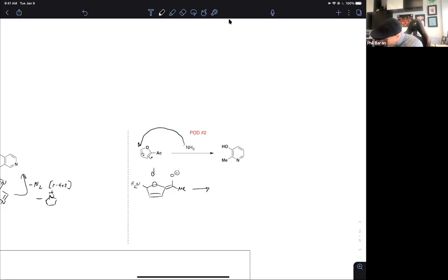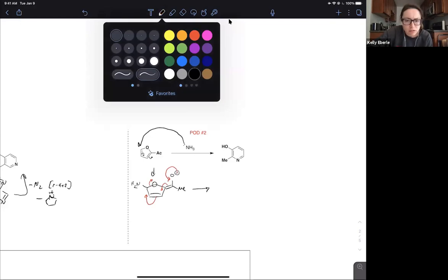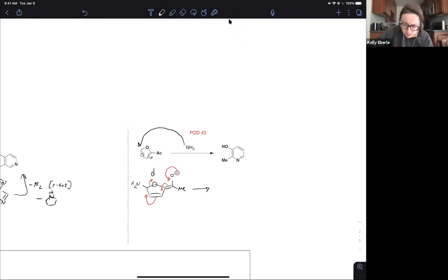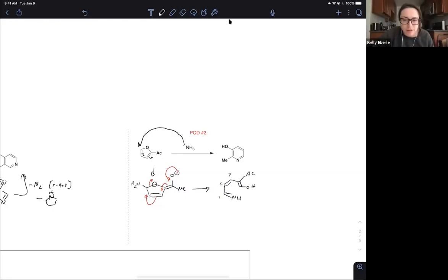And then you can ring open by breaking the bond between the oxygen and then the carbon attached to nitrogen. And after a tautomerization, guess what we get? There's your 1,5-dicarbonyl, and then you can cyclize.